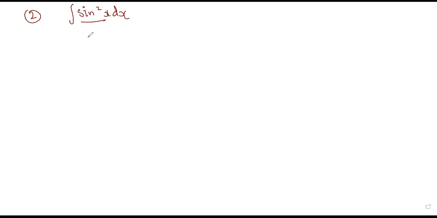So sine square, we will not use sine square here. This basically is equal to, here we'll use trigonometry, right? I'll tell you.